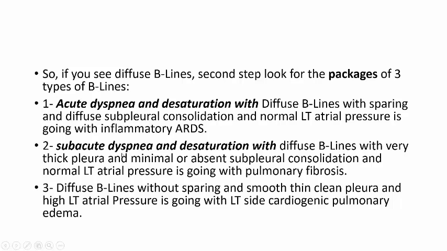But if your patient has a subacute dyspnea and desaturation, like our patient, developed over many days, several days, or over weeks, with diffuse B line and very thick pleura and minimal or absent pleural consolidation despite diffuse extensive B line, you should be alerted to an evolving fibrotic process going on, especially if the left atrial pressure is normal.